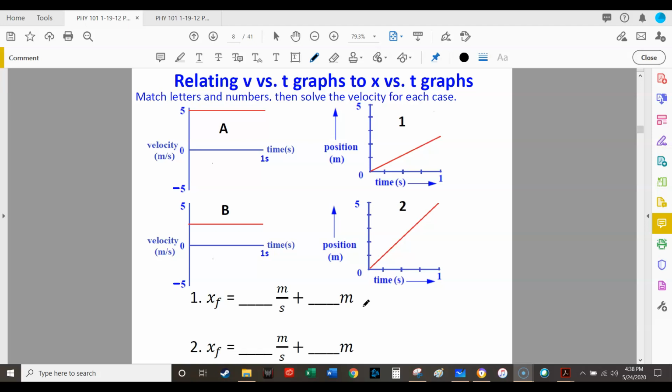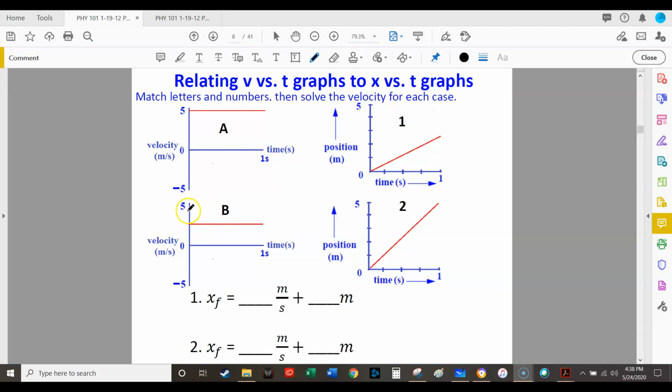All right, here we go. You could actually do this very quickly: relate the graphs. Which graph goes with graph 1 or graph 2? What do you think? Well, graph A is showing the object has a constant velocity of positive 5 meters per second over 1 second.